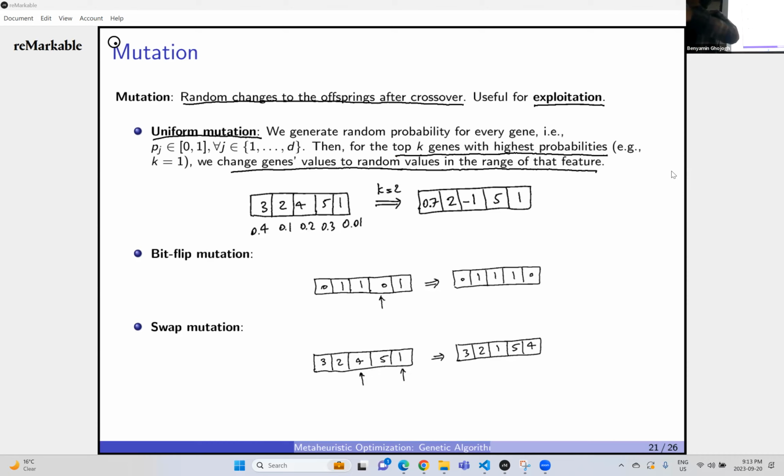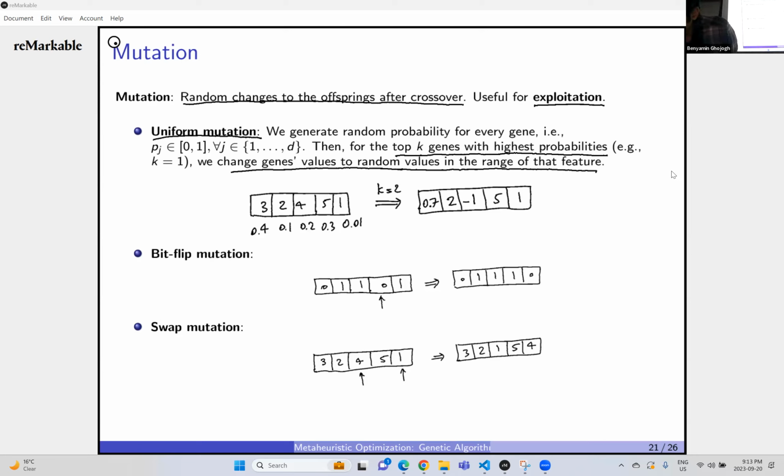In simple words, randomly select some features, maybe one feature, maybe several features, and change their values to some acceptable value in the domain of that feature. You shouldn't go outside of the domain, right? Assume that feature is always between 0 and 1. Can I change that value to 2, to 3? No, because it must be between 0 and 1. So change it to some acceptable value. Okay? Randomly change some features.